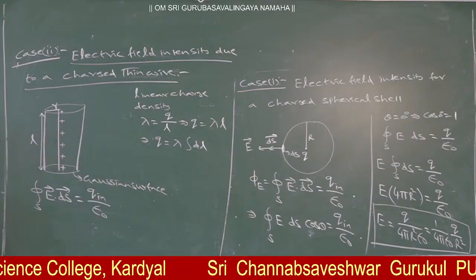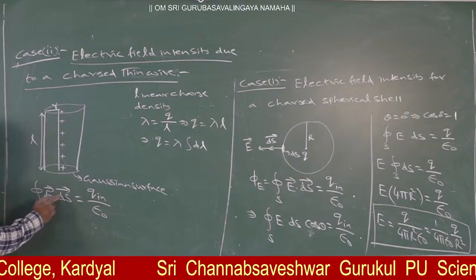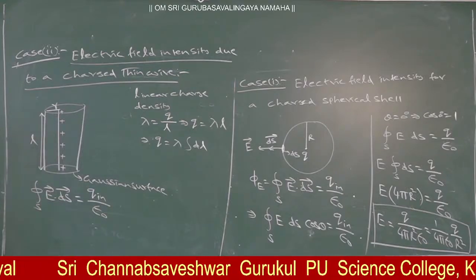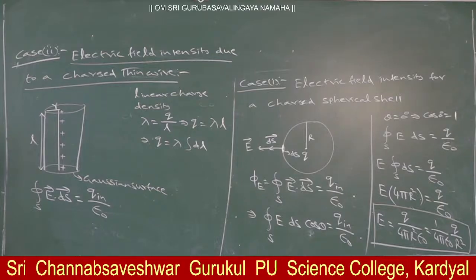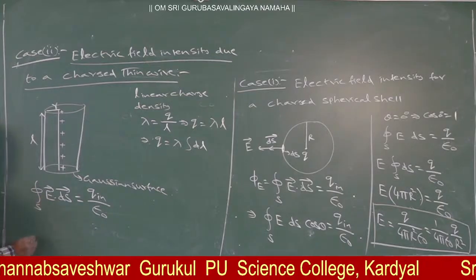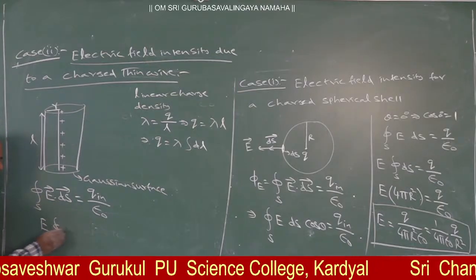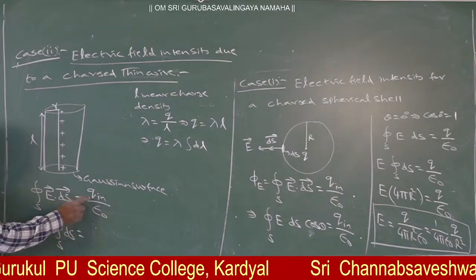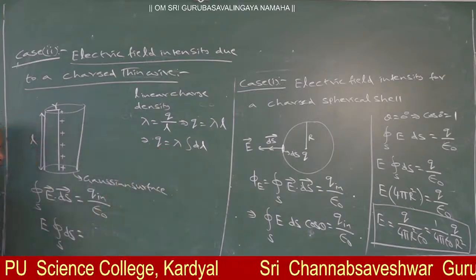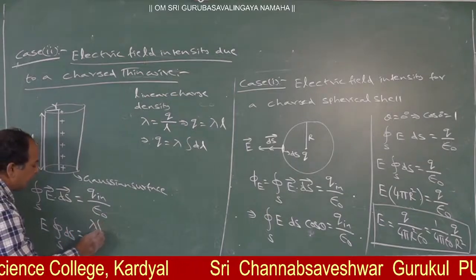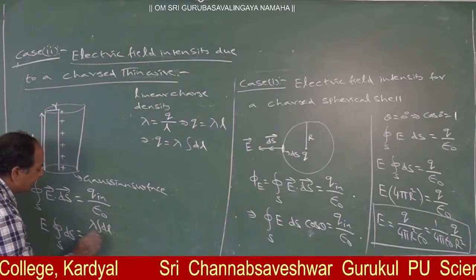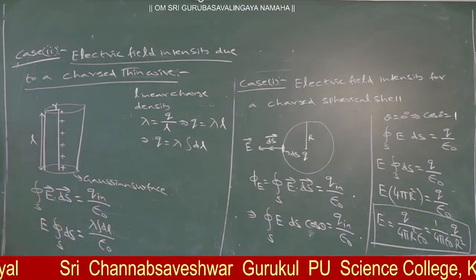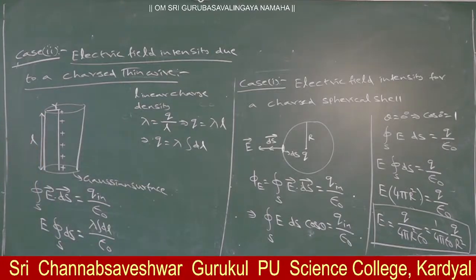The electric field and area vector are always perpendicular to the surface, so E surface integral ds is equal to Q in, which is lambda integral dl divided by epsilon naught.